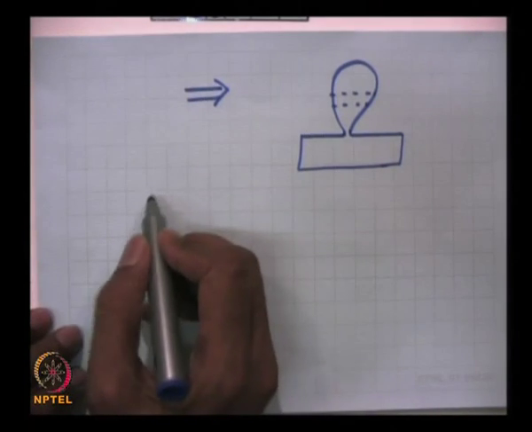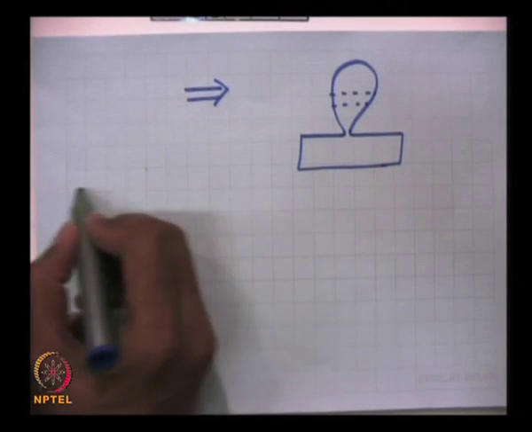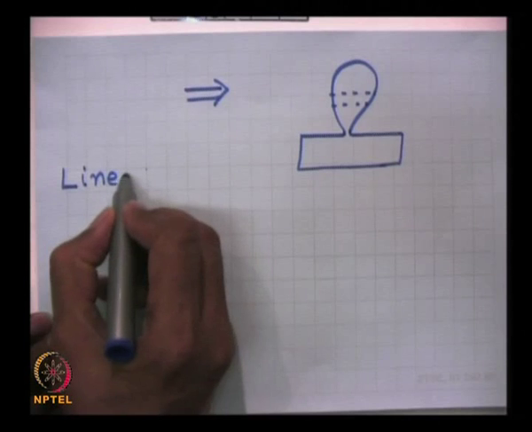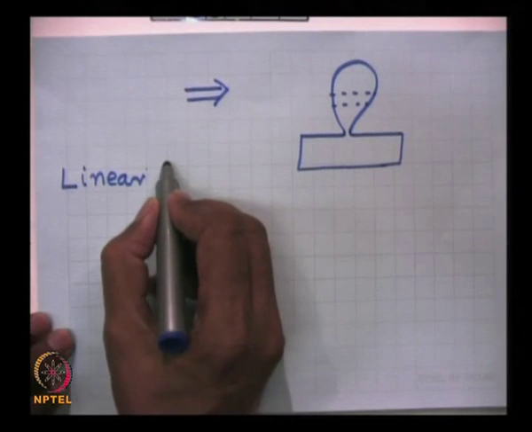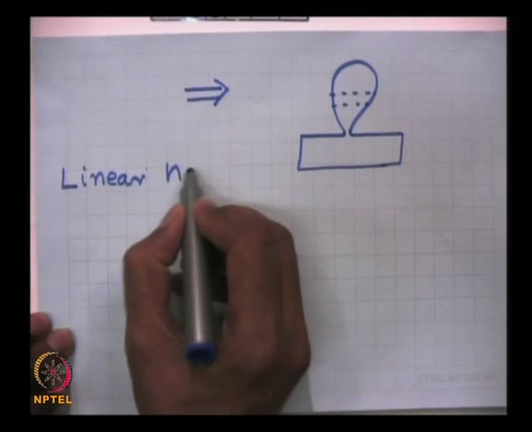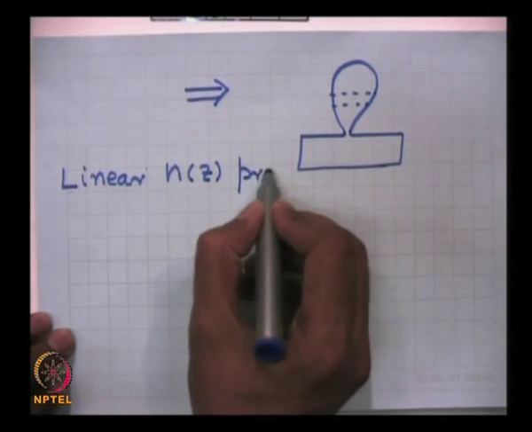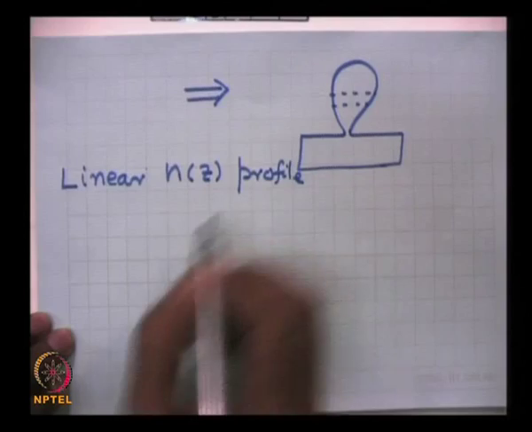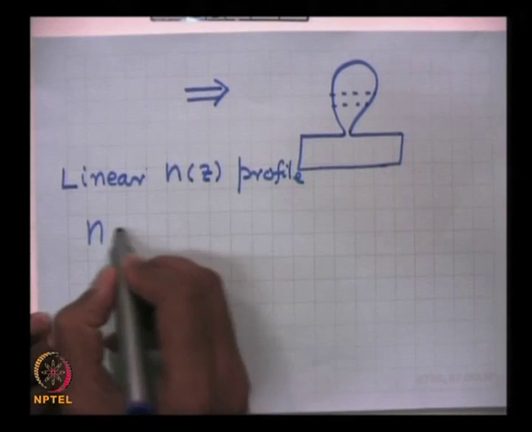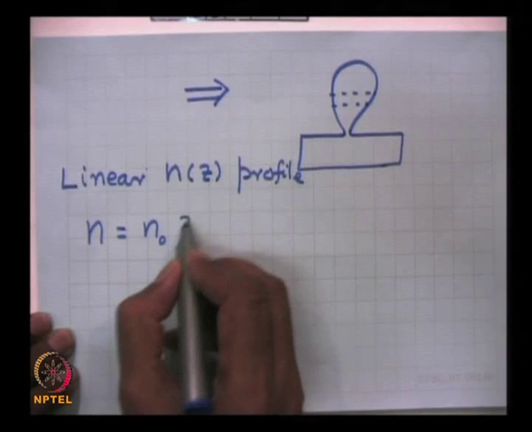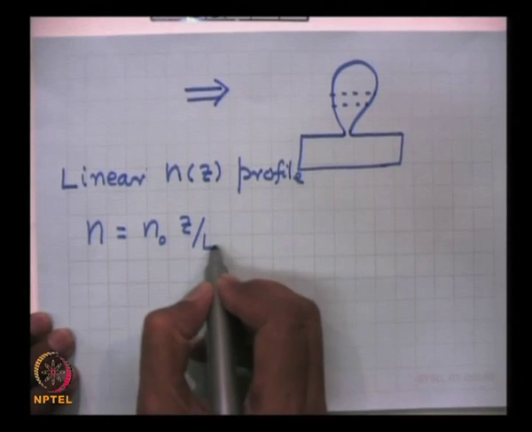In many cases, the density variation can be taken to be linear. So, we say that the density variation profile is linear n profile, like density can vary like n is equal to n0 z upon ln.